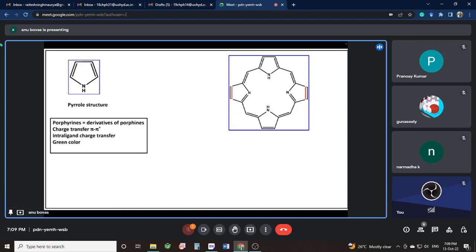Porphyrins are basically derivatives of porphin in which four pyrrole rings, these are pyrrole structures, are joined together by methine bridges, that is CH double bond. And on the porphyrin ring there might be substituents, and we will get the porphyrin structure.